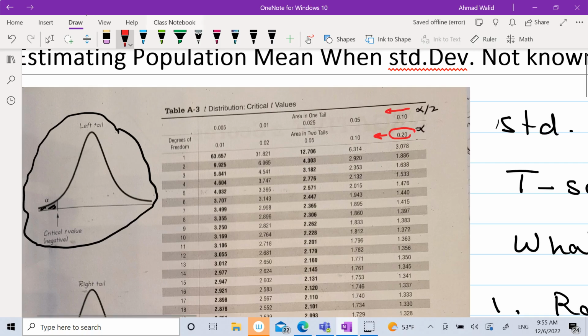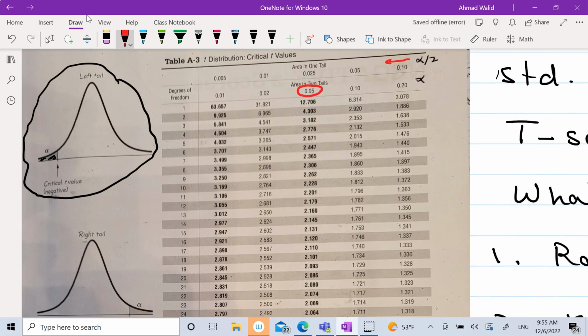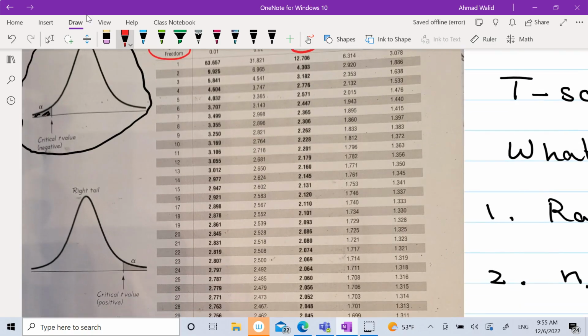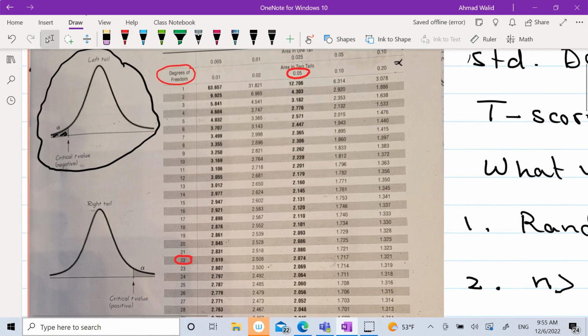Now, for this particular problem, your alpha is 0.05, correct? Go to 0.05 and your degrees of freedom, which is in the first column, all these numbers show the degrees of freedom. Your degrees of freedom is 22. Correct? Now, come down this way, like you did for Z-score, and go this way.